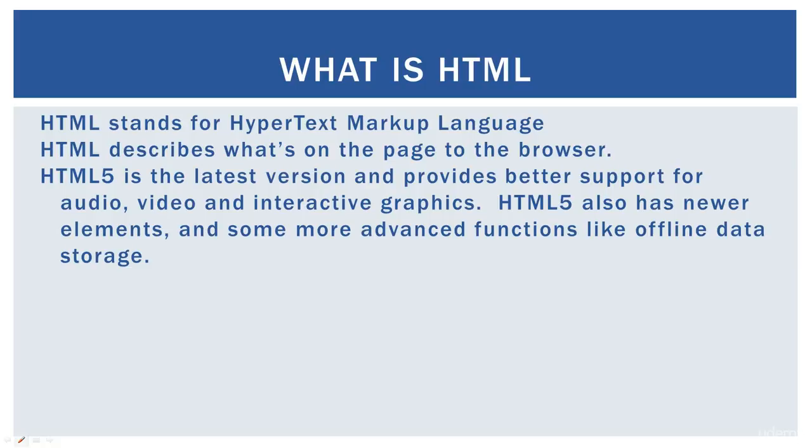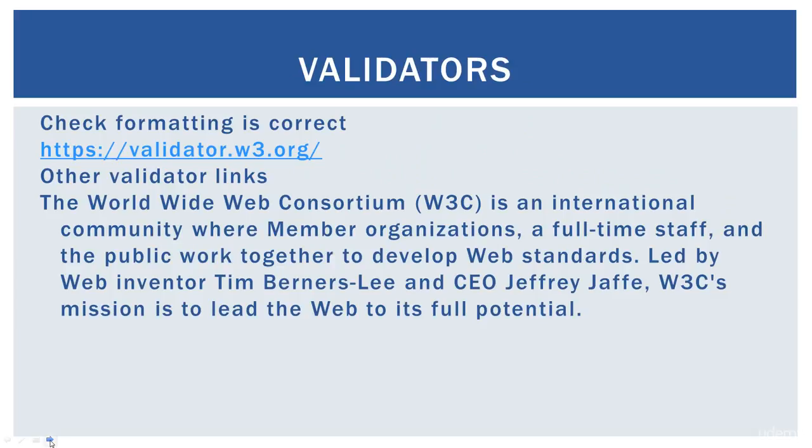It's a big step forward, and that's why you'll sometimes hear HTML referred to as HTML5 for the latest version of HTML. Now with HTML5, we've got better support for audio, video, and interactive graphics, as well as newer elements and more advanced functionality, including offline data storage.